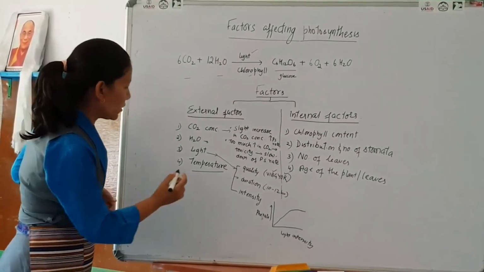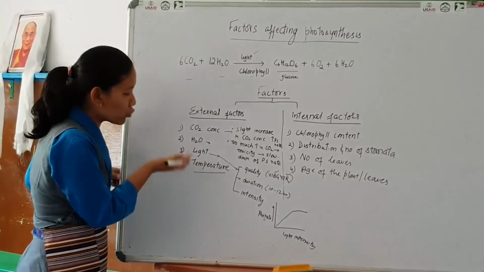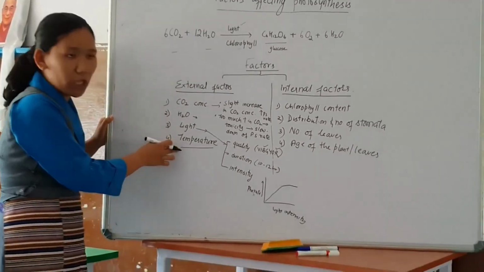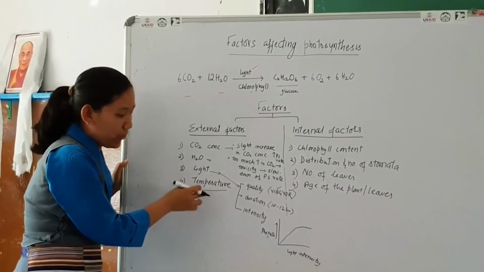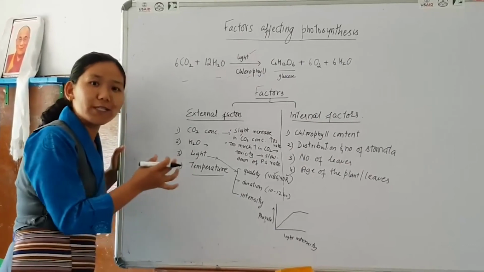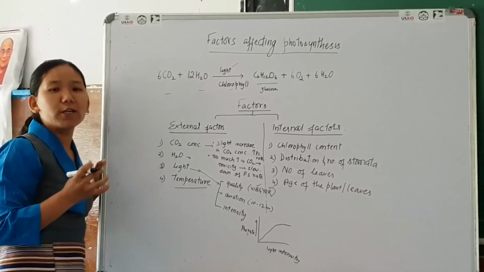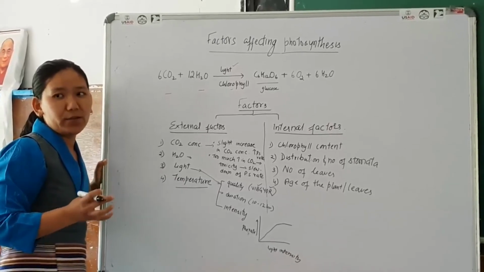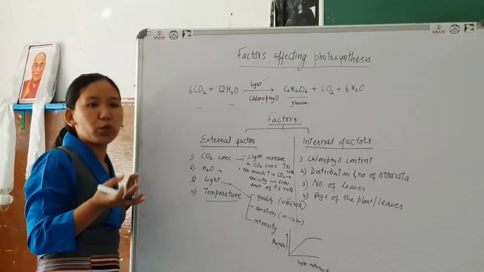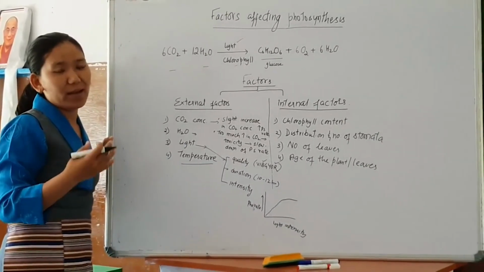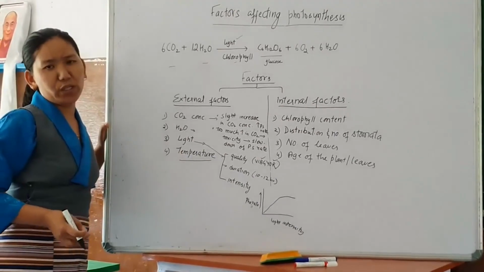Too high a temperature will again affect photosynthesis adversely, and if the temperature is too low, it will freeze the enzyme activity and then the photosynthesis rate will slow down. If the temperature is too high, it will denature the enzyme, and then again it will affect the enzymatic action during photosynthesis.